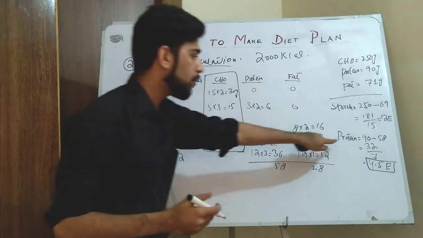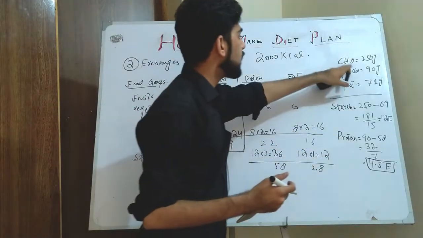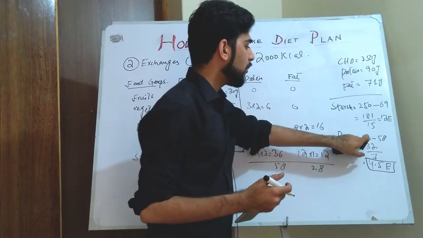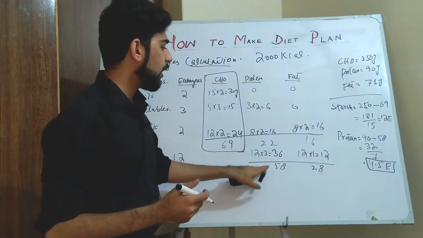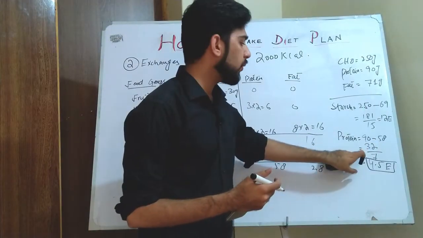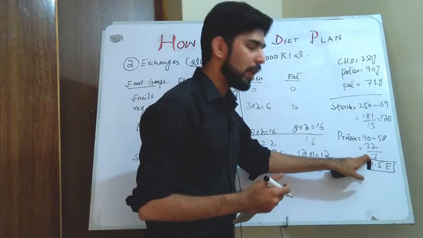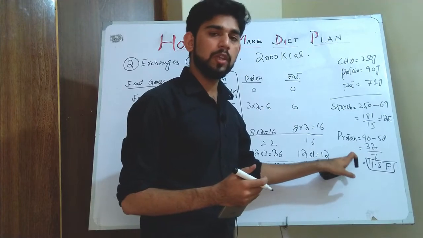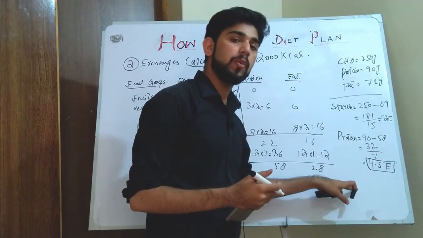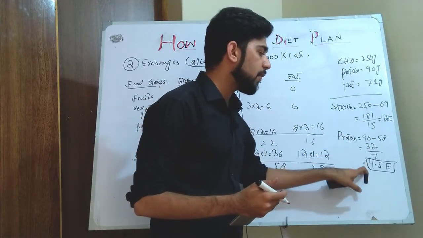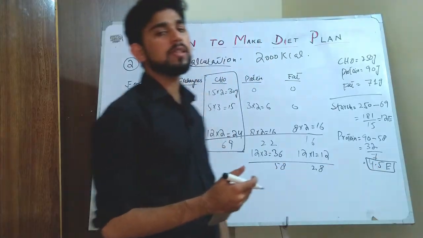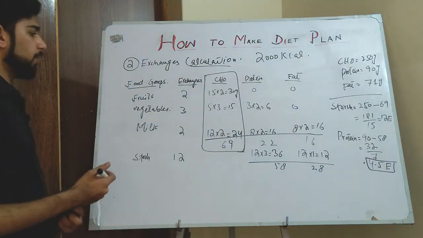And now we calculated the protein exchange. The protein that we get from AMDR is 90 gram, minus the protein that we get from here, 58 gram. 90 minus 58 comes 32, and we divide it by 7 because one exchange of protein gives you 7 gram of protein, so we get 4.5 exchanges of protein.